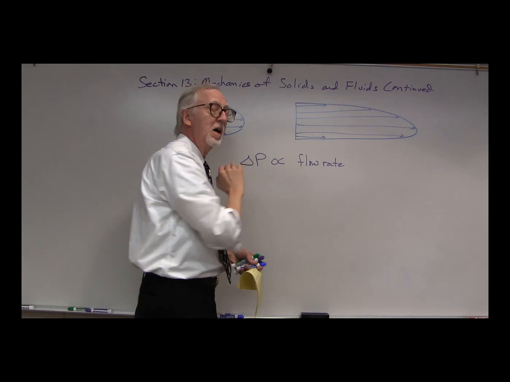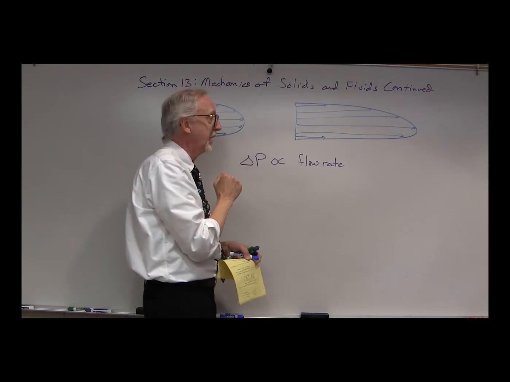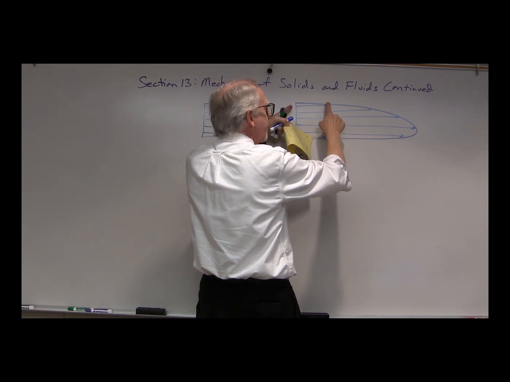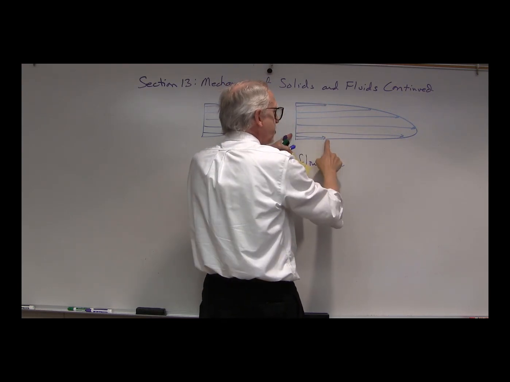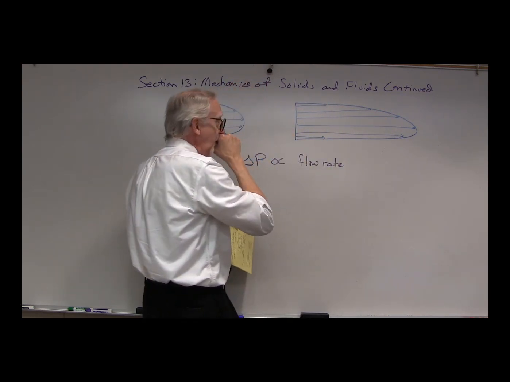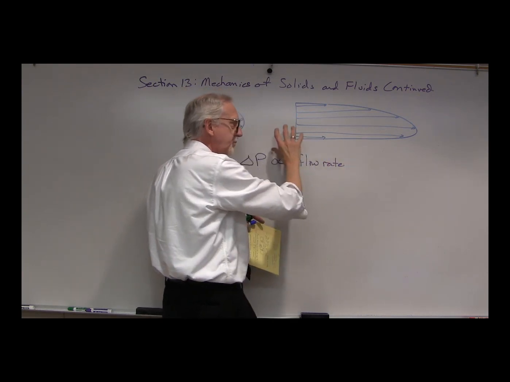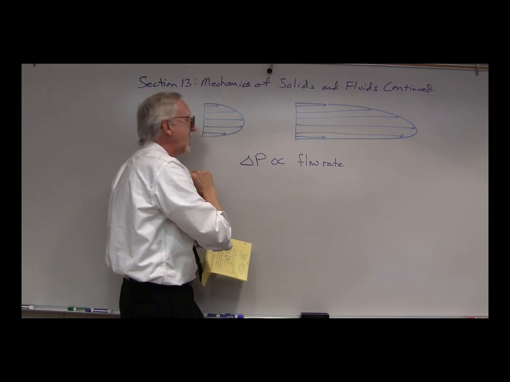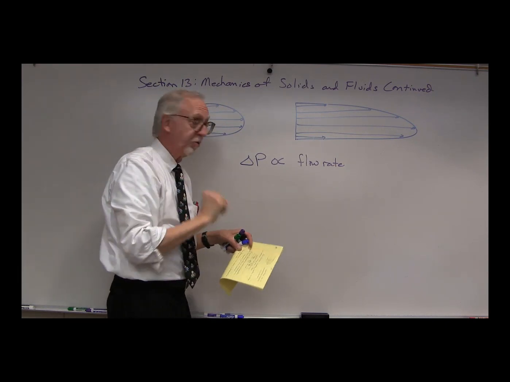While if we have a very high flow rate, then the velocities in the center are going to be considerably different than the velocities closer to the sides. So the change in the pressure is going to be much more when we have higher flow rates than smaller flow rates.